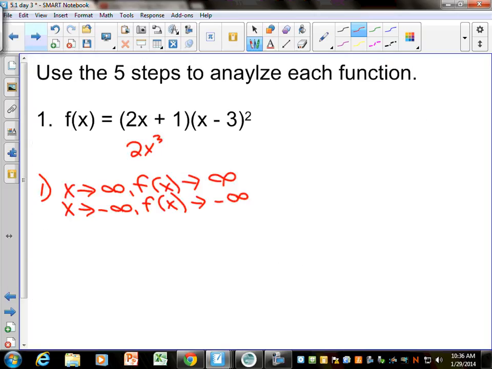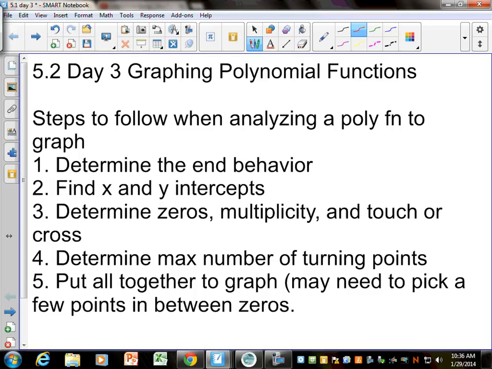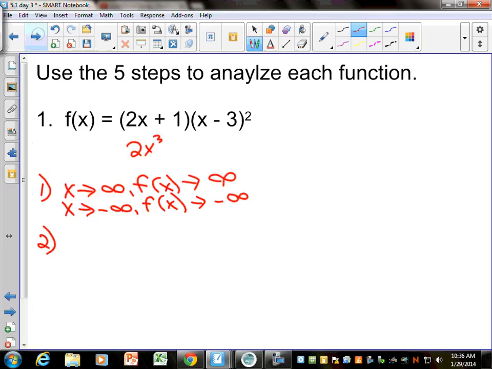Step 2, x and y intercepts. Really, step 2 and step 3 are kind of almost the same in terms of x-intercepts, because the x-intercept is the same as the zero. Do you agree with me on that? So the great thing about finding the x-intercepts is if you just set this equal to 0, they're just your zeros.